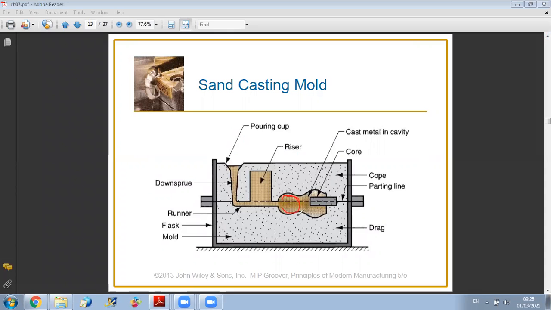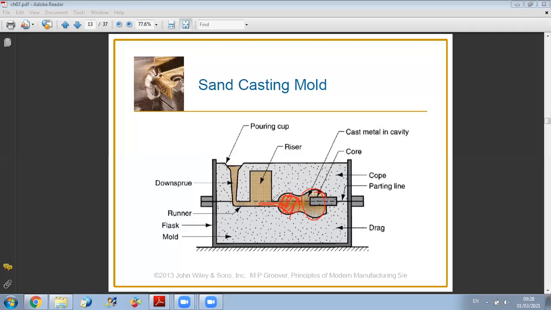For example, if this region has a low solidification time, then it will not allow the molten metal to flow from this part to the end part of my cavity. So I should try to have the riser close to regions of high solidification time and far from regions of low solidification time. Because if this region, which is close to the riser, has a relatively low solidification time, then it will block the passage of molten metal to the remaining parts of my cavity.